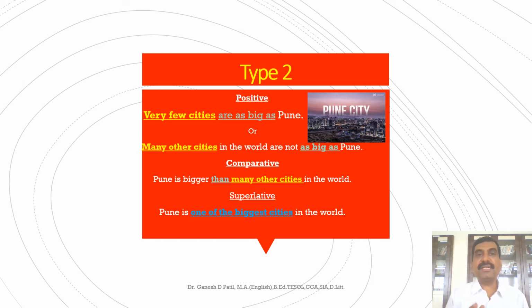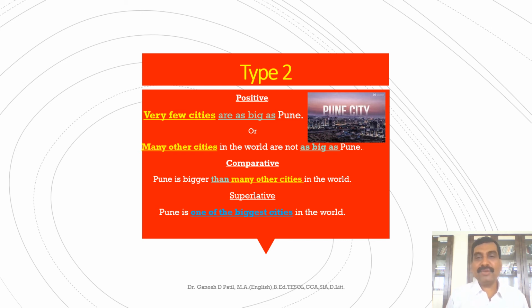If the positive sentence begins with very few, we take many other after than. In superlative degree, we take one of the plus superlative form of the adjective. Hope you understood the difference between positive degree, comparative degree and superlative degree. And you also understood type 1 and type 2.